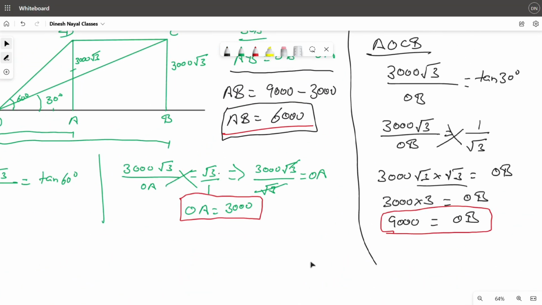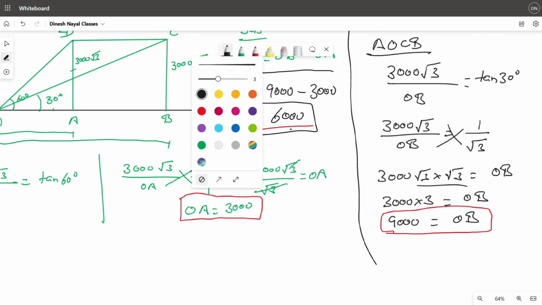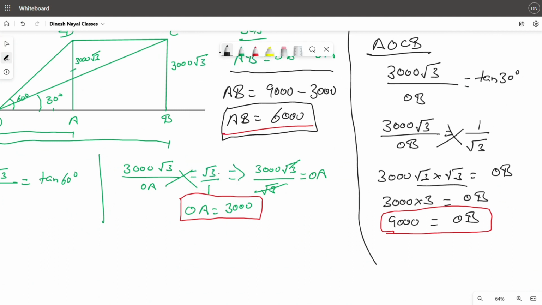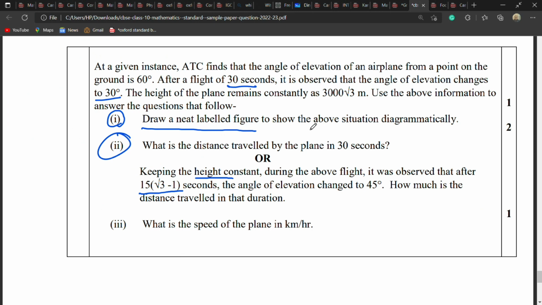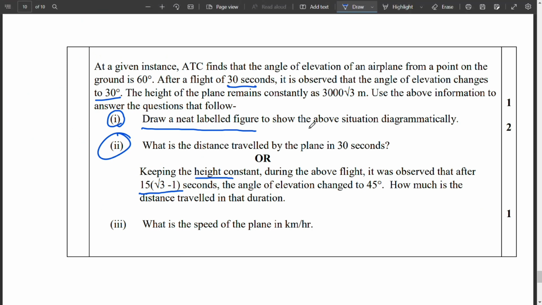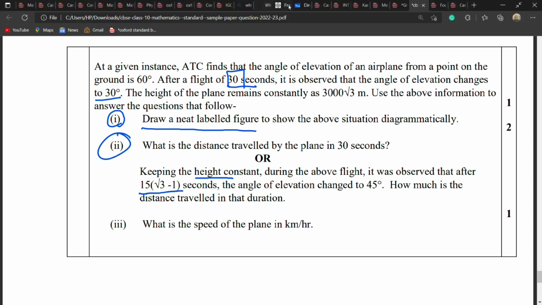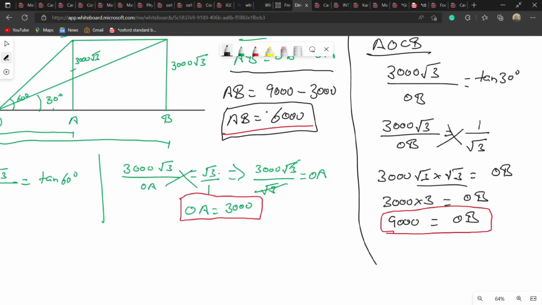We know that the plane has covered 6000 meters in 30 seconds, as this time interval was actually 30 seconds. What is the formula of speed?